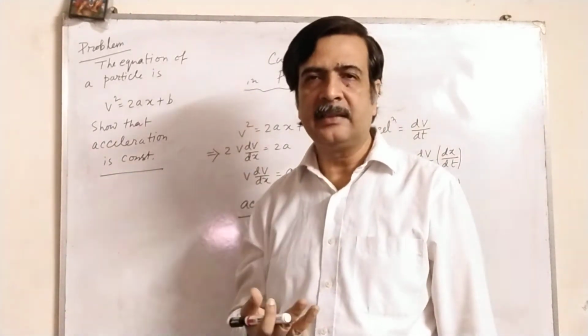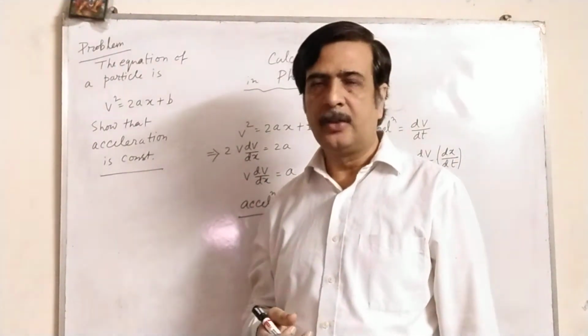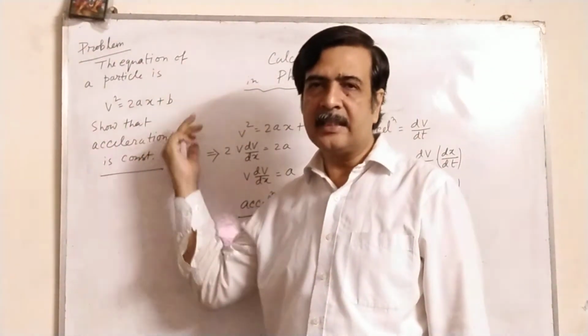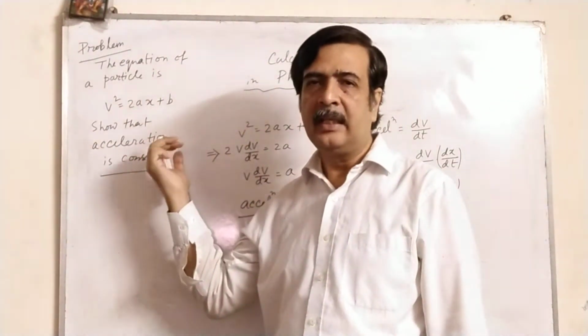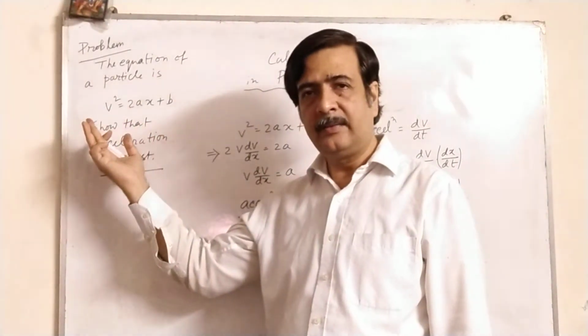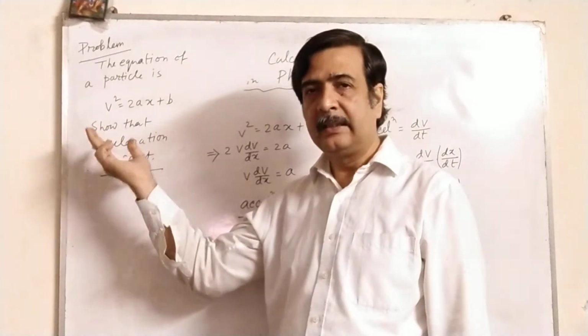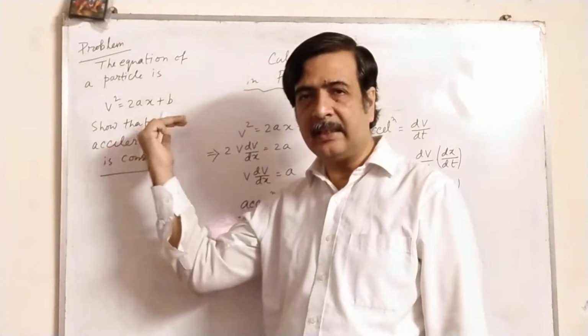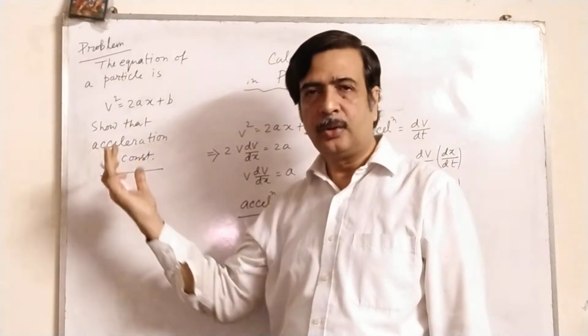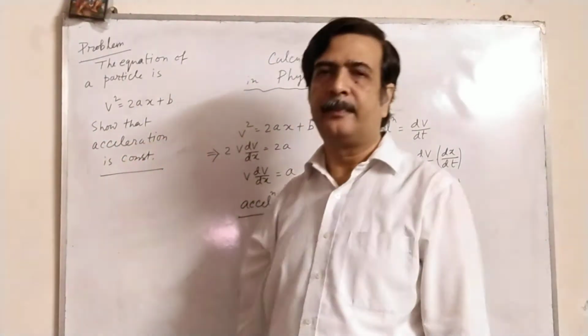How can I find dv/dt? You will do dv/dt this side, dx/dt this side, then dx/dt will be turned into v, then again you will put that in place of dx/dt, so it will be a complicated sum.